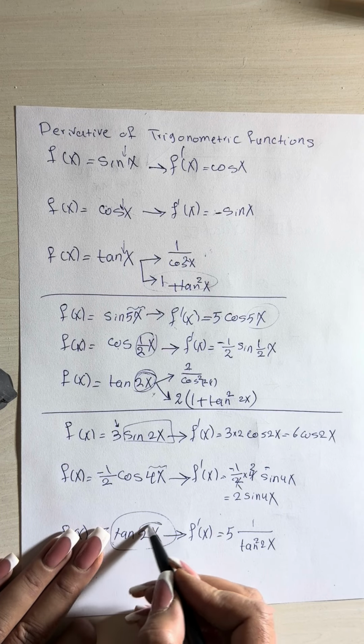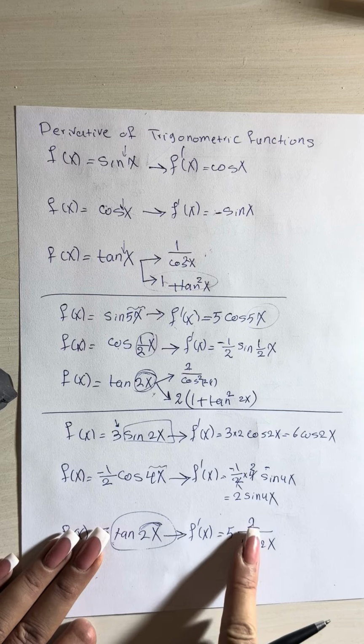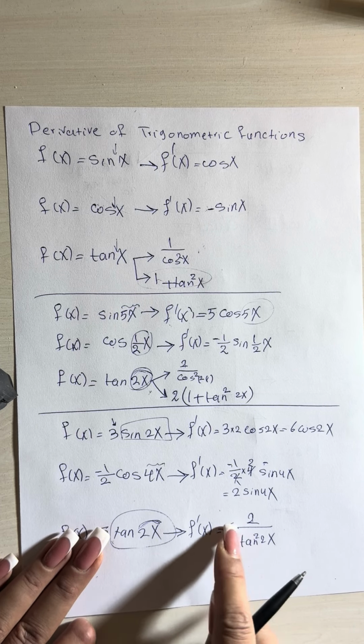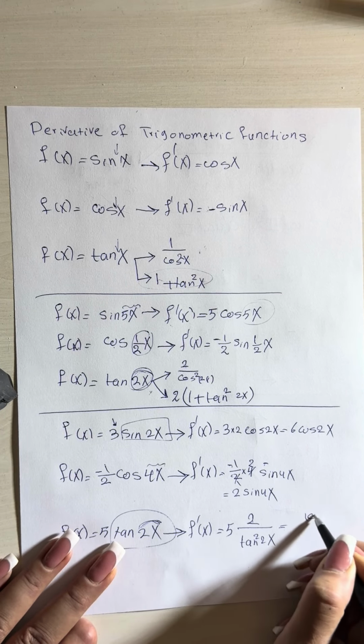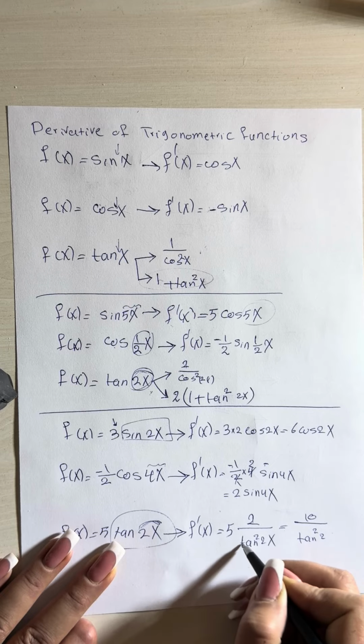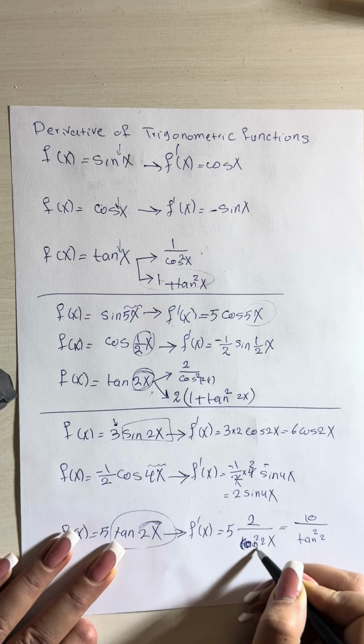Which angle? The angle 2x. What is the derivative of 2x? It is 2. Now you have 2 over something times 5, so I can multiply these. So the final answer is going to be 10 over cosine square of 2x.